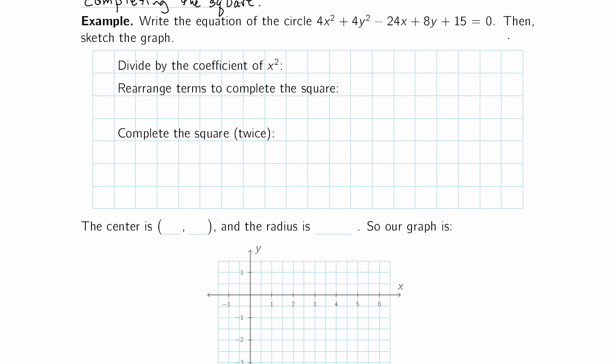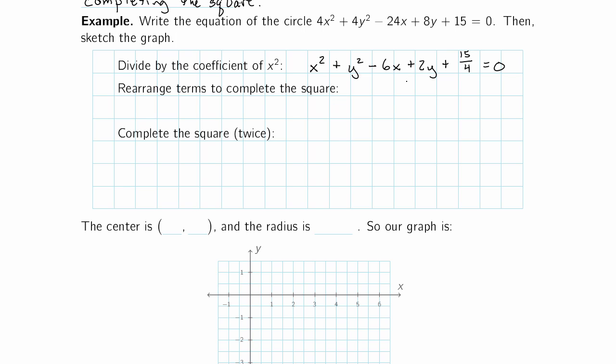So we're going to divide every term by 4, and we'll have x squared plus y squared minus 6x plus 2y plus 15/4 equals 0.